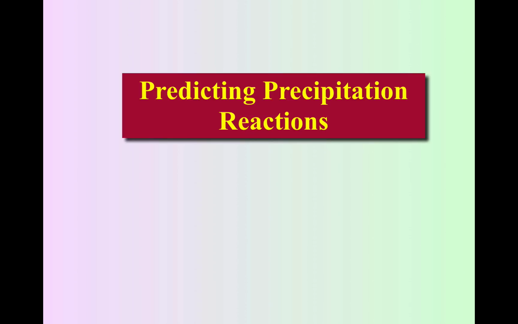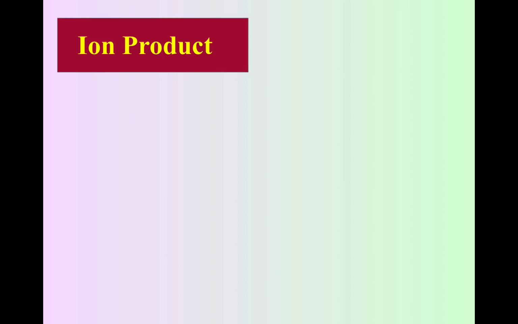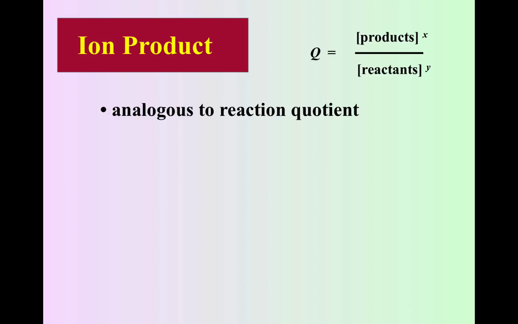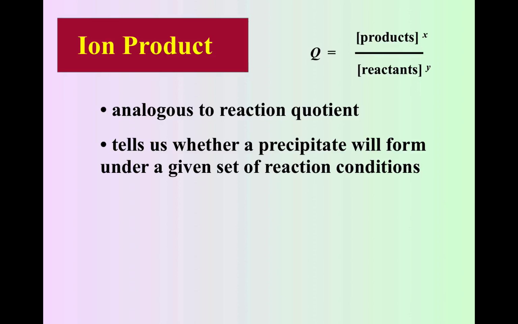All right, predicting precipitation reactions. We did these problems in the last chapter. It's just plugging into the reaction quotient. Instead of it being a quotient, which has a denominator, these are ion products. It's products over reactants, but there's no concentration of reactants because they're all solids. So you compare the ion product Q to the K value.